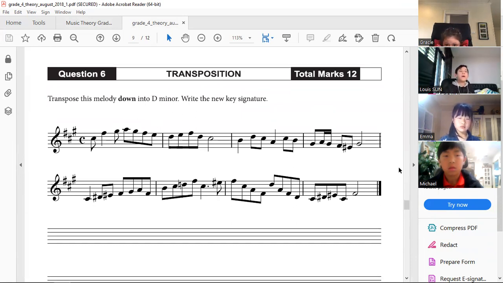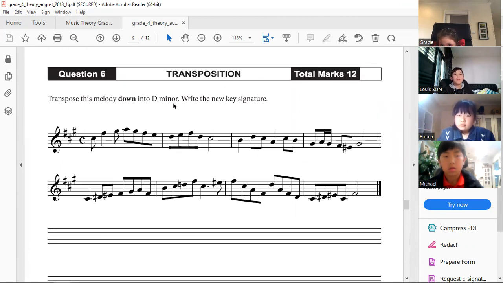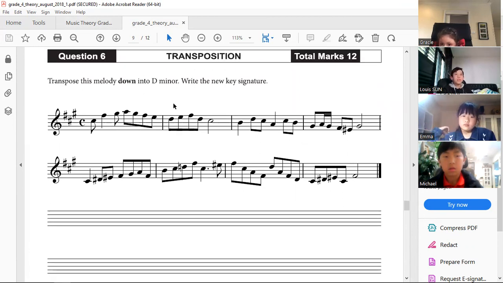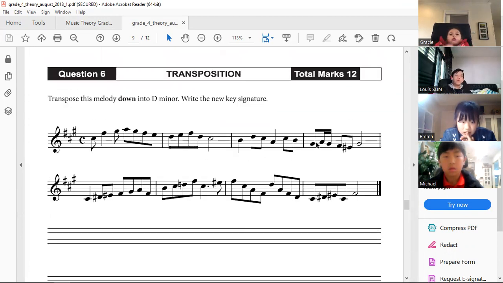So this is where the interval method comes in a lot more handy, because you don't have to worry about all those accidentals. We're looking at one of the test paper questions, by the way.